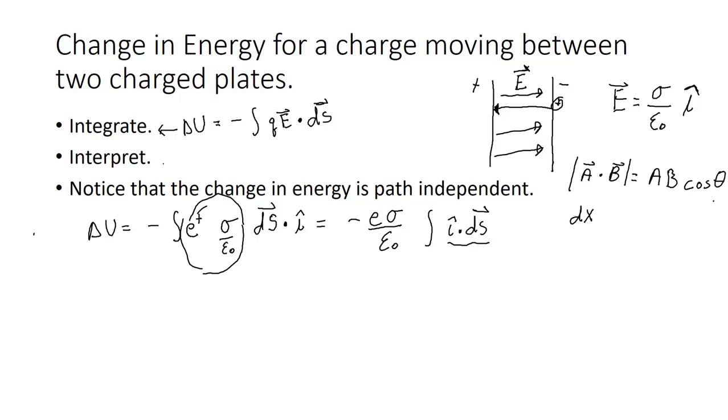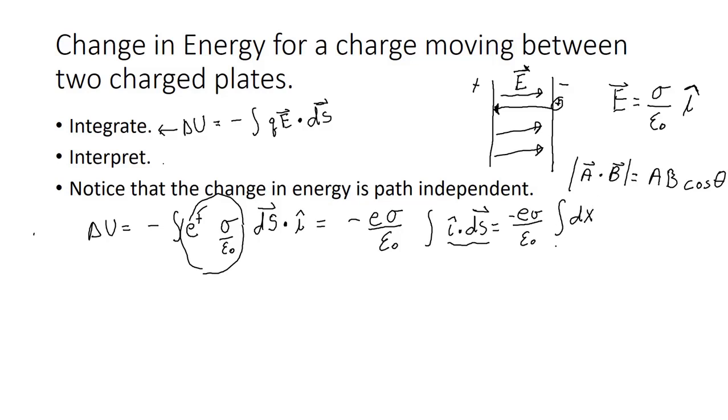And in the y and z direction, that cosine term is going to be 0, because the electric field is purely in the i direction. So this entire thing here, we can rewrite as negative e sigma over epsilon naught integral dx.